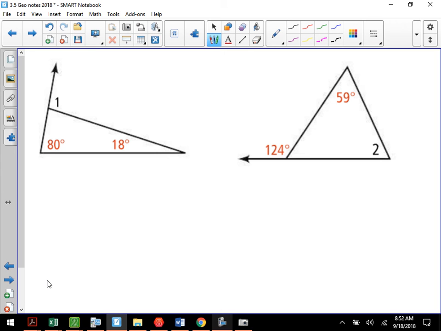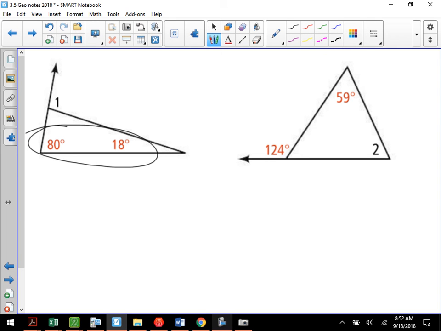So a lot of times the instructions will say find the numbered angle. So in the example on the left, you're going to figure out what angle 1 is. The example on the right, you're going to figure out what angle 2 is. Working the example on the left, is angle 1 an exterior angle or an interior angle? It's exterior. So the exterior angle has to equal the sum of the two it doesn't touch.